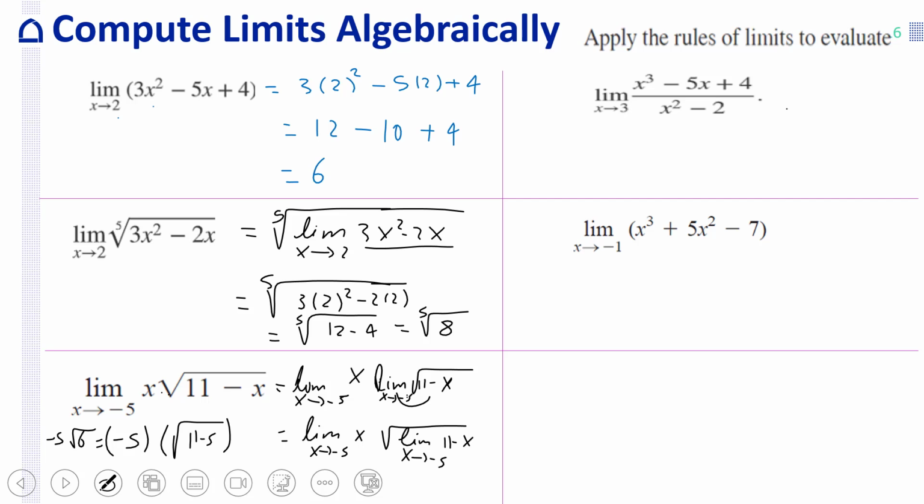Here you can factorize this one, or you can plug in straightforward. You can plug in because you have no problem with the denominator if you plug in x equal to 3. So I can distribute the limit over the division, and go for the numerator.